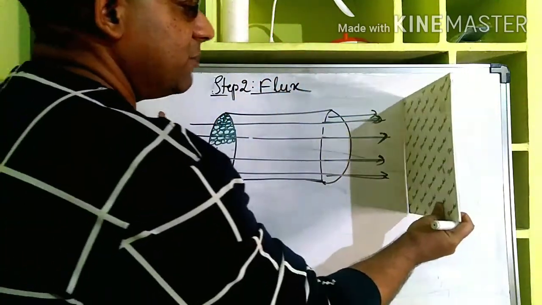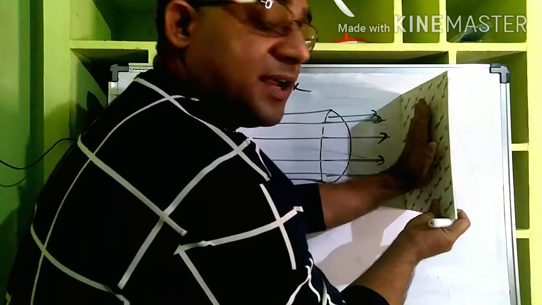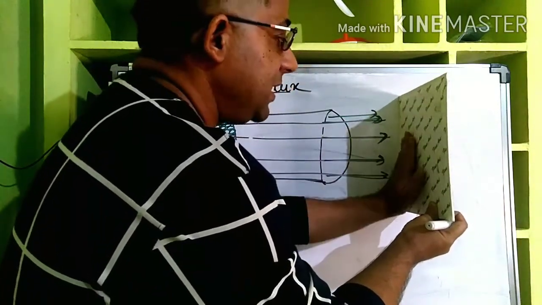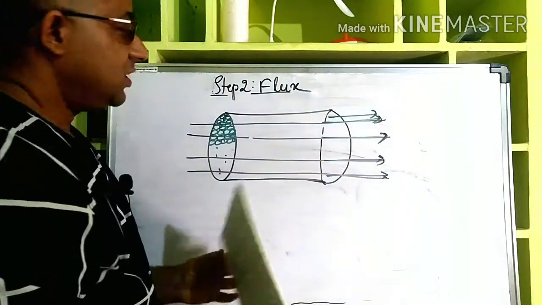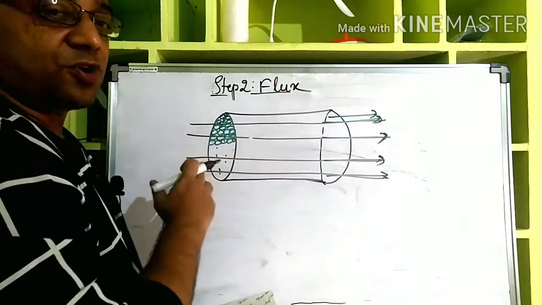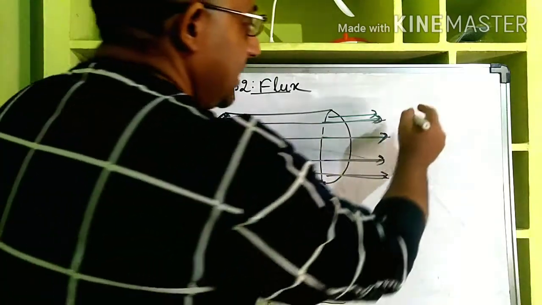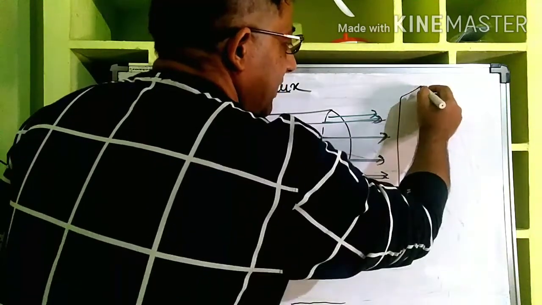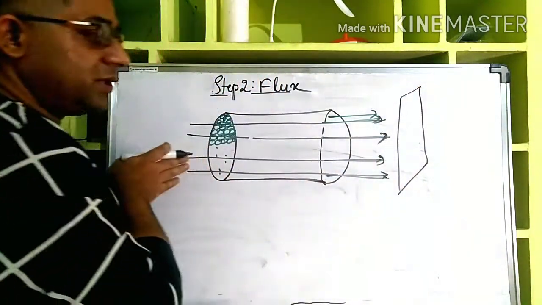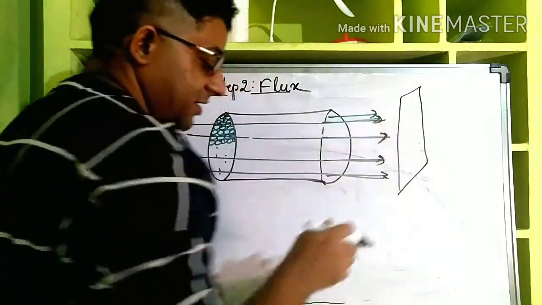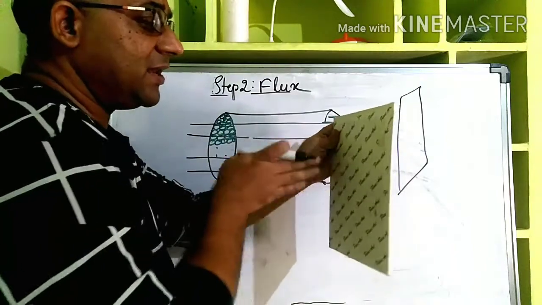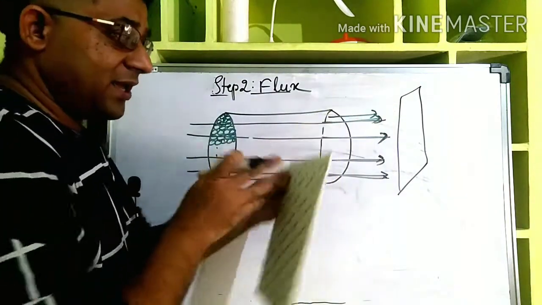The relative number of field lines hitting a surface perpendicular to the field is called the flux. In this case, it's called water flux. If we take one area which is perpendicular to the field lines, and these field lines are hitting it perpendicularly, then how many are hitting?